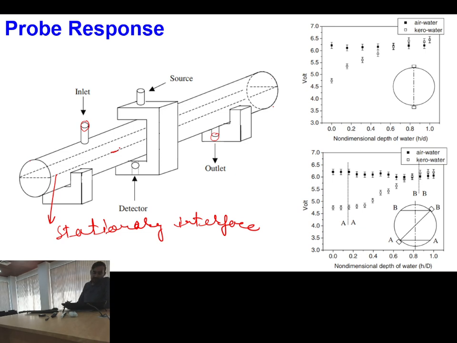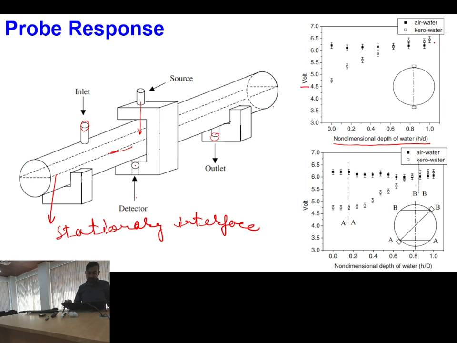Corresponding to different heights, when the source sends the laser light, it is detected at the detector. You can see the output voltage detected by the detector, shown as a function of non-dimensionalized water depth for air-water and air-kerosene, kerosene-water systems.